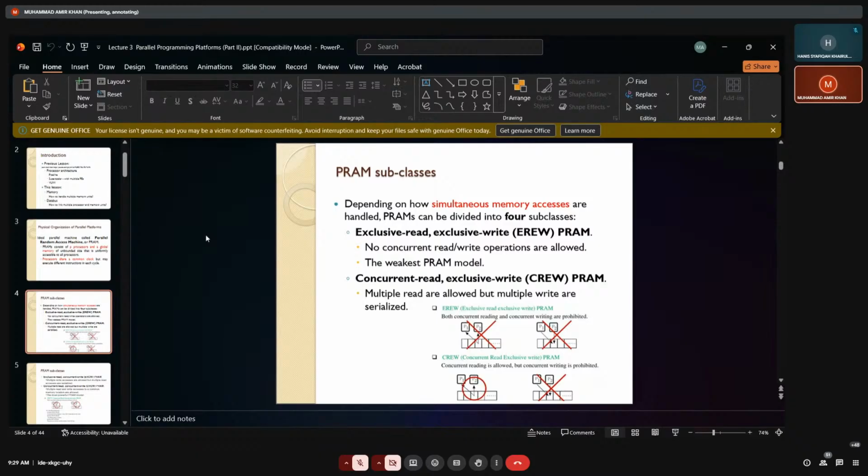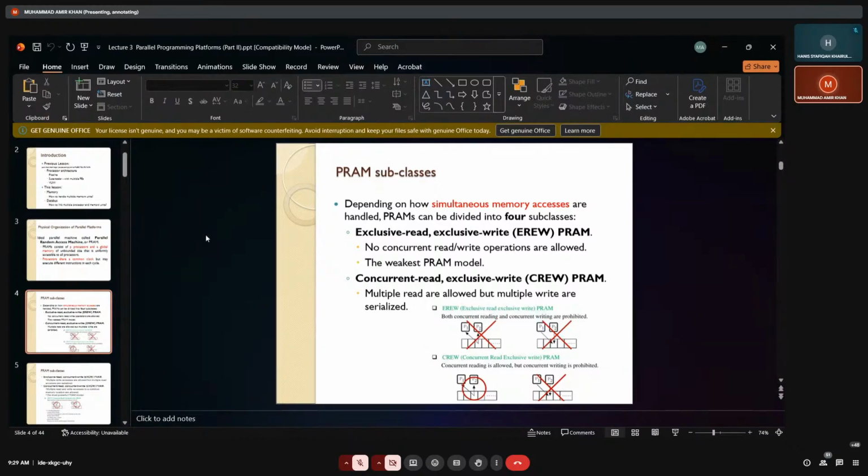EREW, exclusive read and exclusive write. In EREW PRAM, no concurrent read or write operations are allowed. This is the weakest PRAM model because there are no concurrent read or write operations allowed here. Then CREW, concurrent read exclusive write, CREW PRAM.